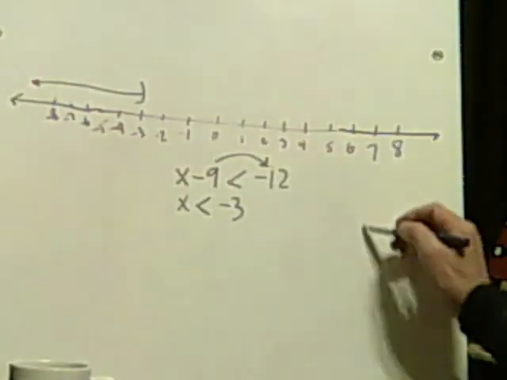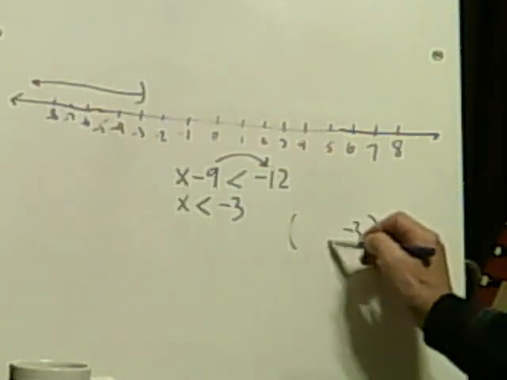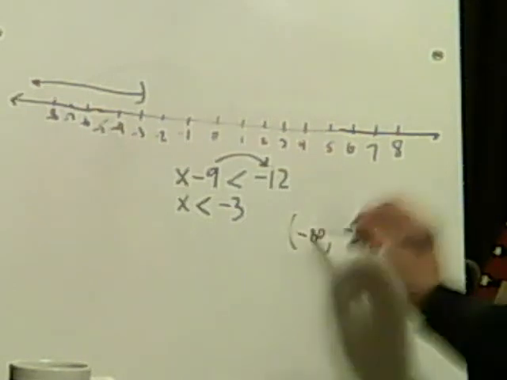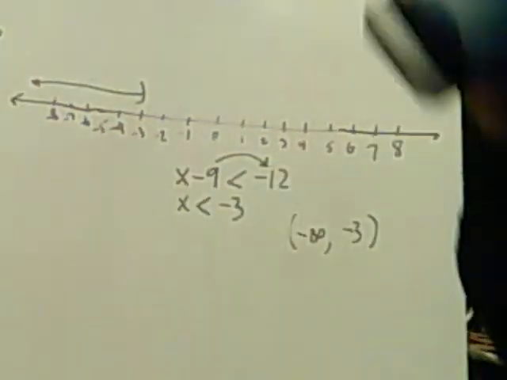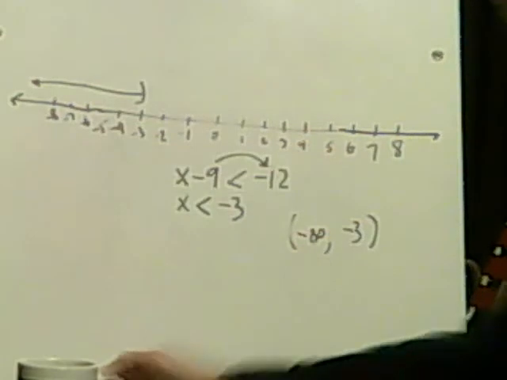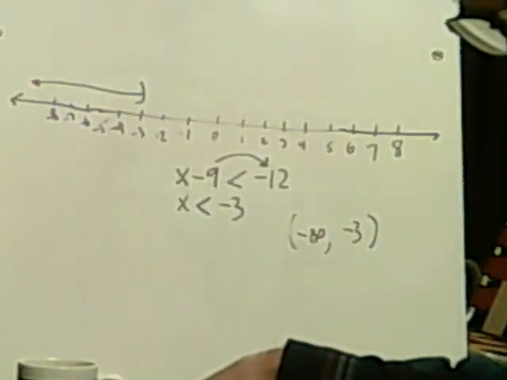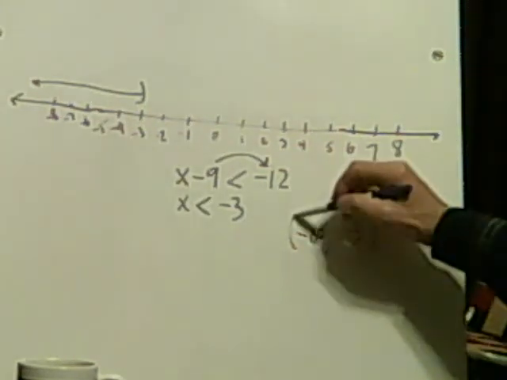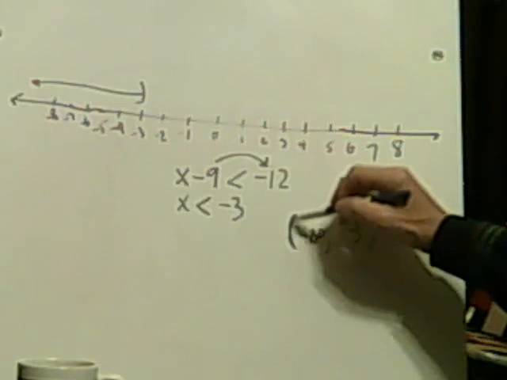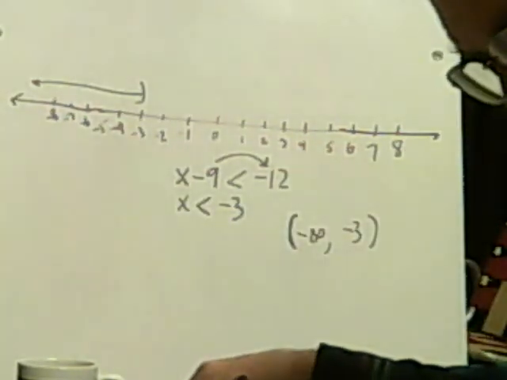Okay? So what we can do is we'll make the parentheses, and we'll put negative 3 on one end of it, and with the other one we'll put in negative infinity. Okay? And that represents this interval. The curved part of the interval corresponds exactly to that line. Now, on this negative infinity, it's kind of arbitrary whether or not you put an open parenthesis or the square bracket there, because it's infinity.